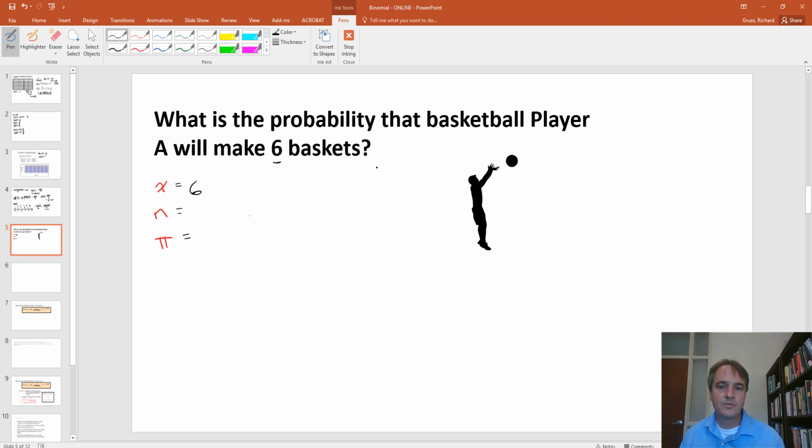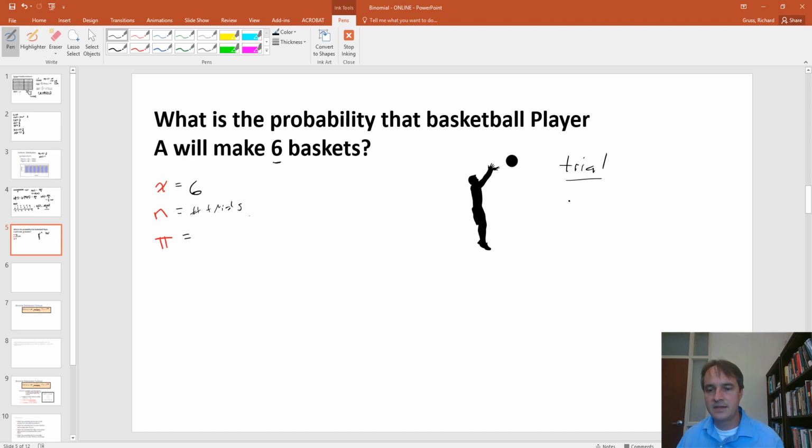So each attempt at a basket is a trial. We'll call that a trial. If we think of that as a trial, and n is the number of trials, then also for each trial, we want to know what's the probability of success.